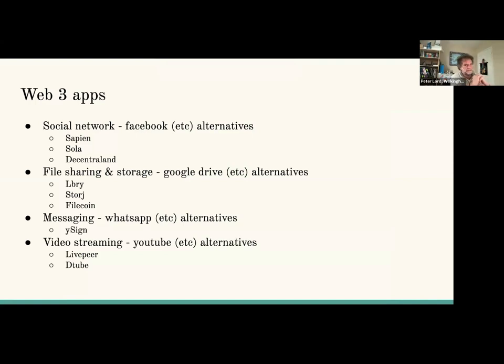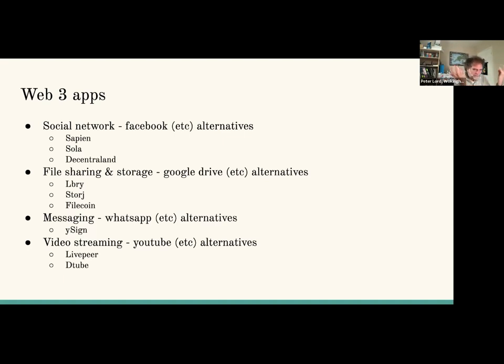What I personally find interesting is file sharing applications, the equivalent of Google Drive or Dropbox. These are a way to store your files securely, but in a blockchain way, instead of relying on Google or Dropbox, to avoid anyone else looking at your files.